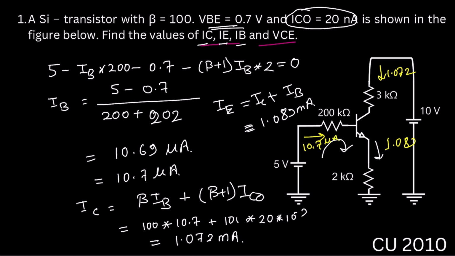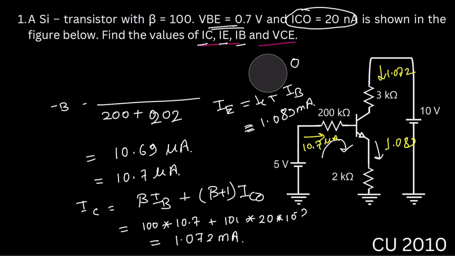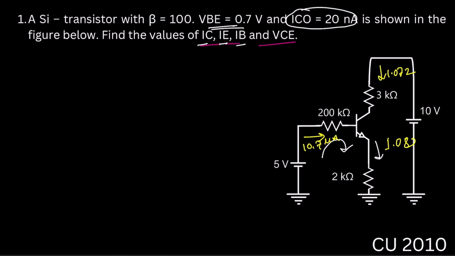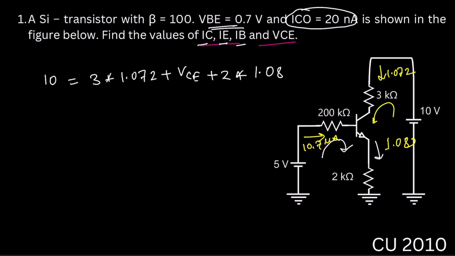Now we need to know the value of VC. So what do we need to do? Just apply the KVL at the outer loop, that means in this loop. What can we write down? 10 volt equal to 3 multiplied by IC, 1.072, plus VCE plus 2 multiplied by 1.089.